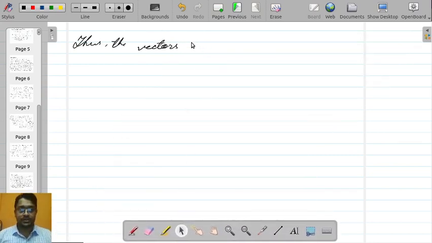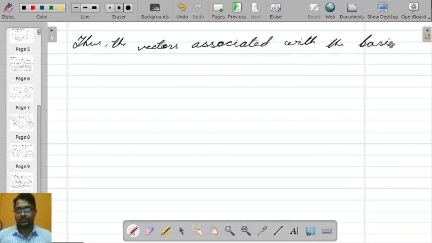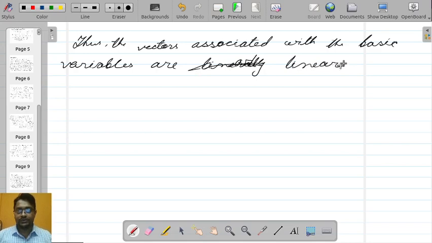Thus the vectors associated with the basic variables are linearly independent.